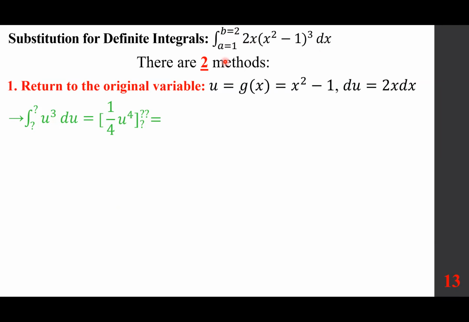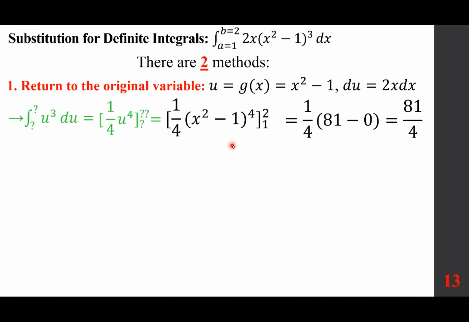We go back to the original variable, namely, we're going to change the u to x squared minus 1. And now we can use the original limits. A is 1, the lower limit is 1, b is 2, the upper limit is 2. Now, let's plug in 2. 2 gives you 4 minus 1, 3. To the power of 4 is 81, and 1 gives you 0.